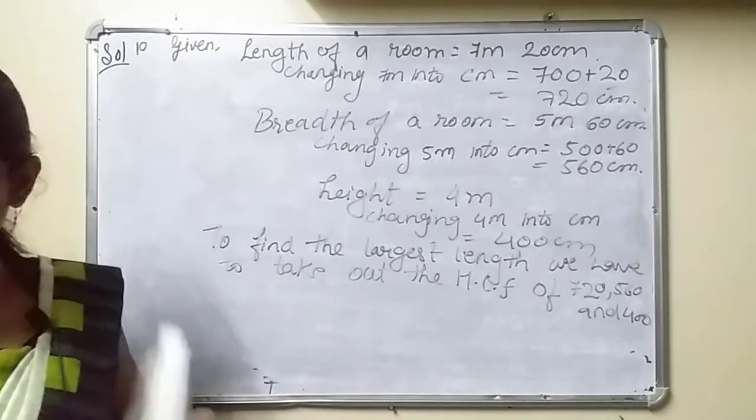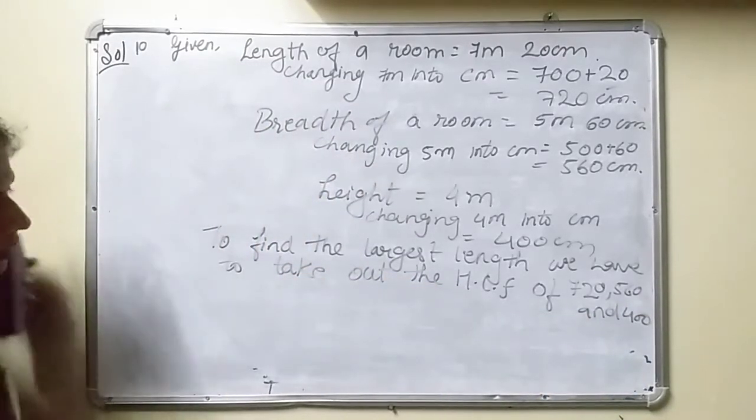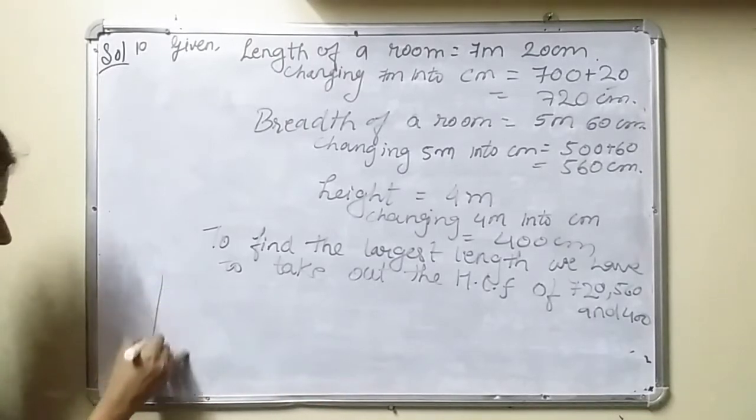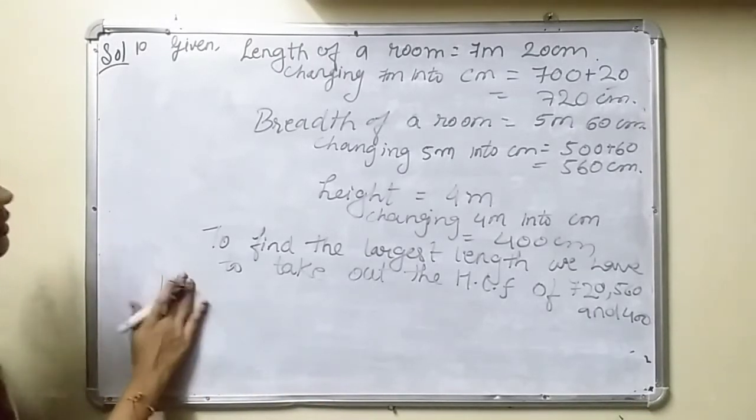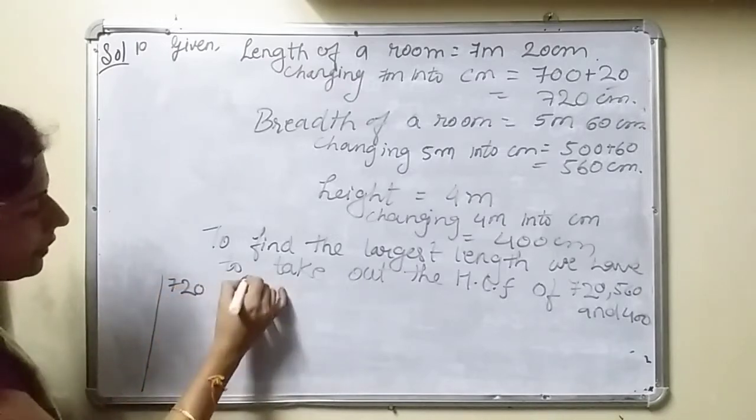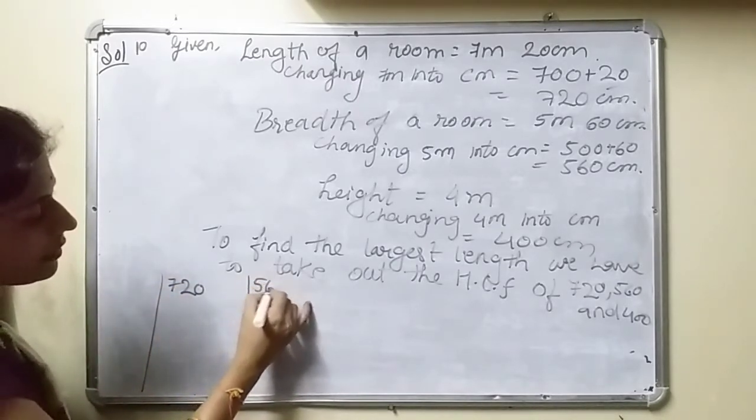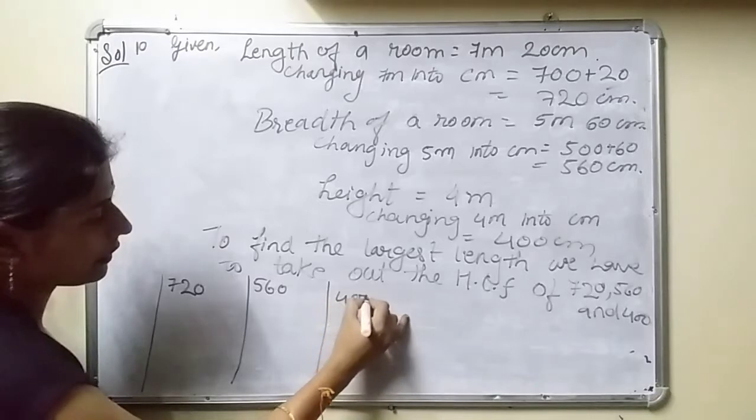Okay. Now see, we will take out the HCF of 720, here 560, here 400.